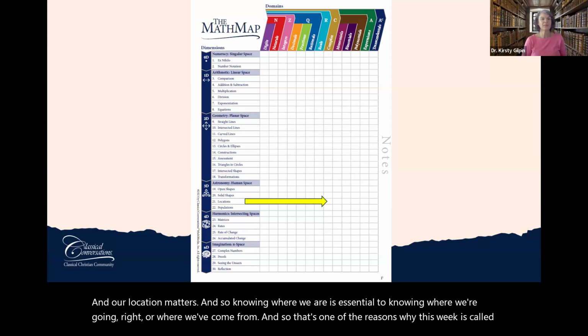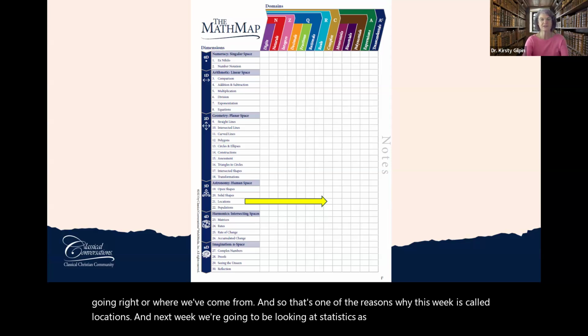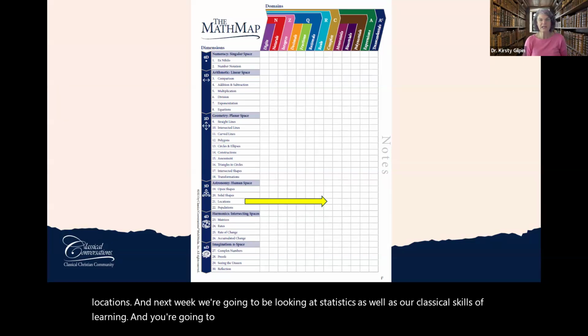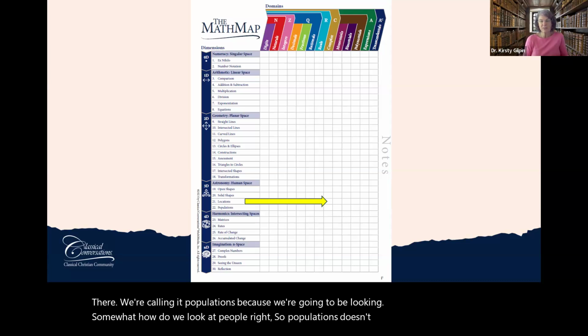And next week, we're going to be looking at statistics as well as our classical skills of learning. And you're going to see there, we're calling it populations because we're going to be looking somewhat at how do we look at people, right? So populations doesn't necessarily have to just mean people.